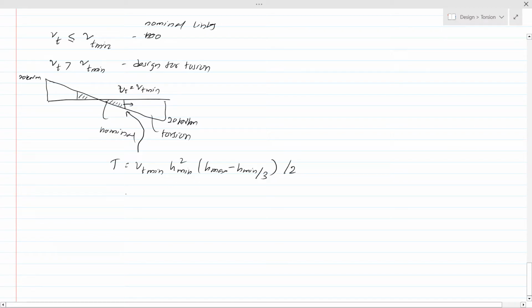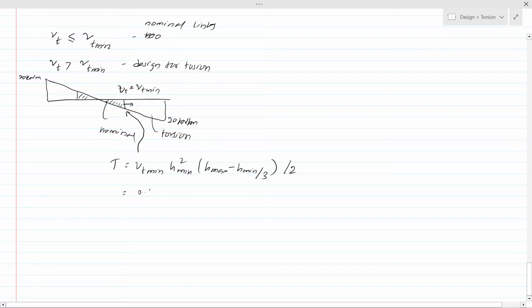This equation is given in the code, so you can use it directly to calculate the minimum point where we need to provide the shear reinforcement, because only beyond that point we need to provide it.